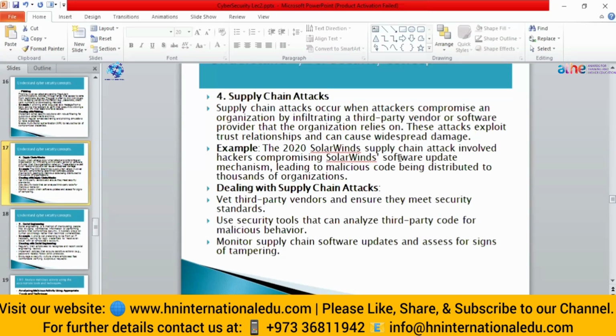They are not compromised, so that you will not face any kind of loss due to them in future. You can use security tools that analyze third party code for malicious behavior. You can monitor the supply chain software updates. You can assess for signs of tampering. So you can do multiple things in order to deal with different supply chain attacks.